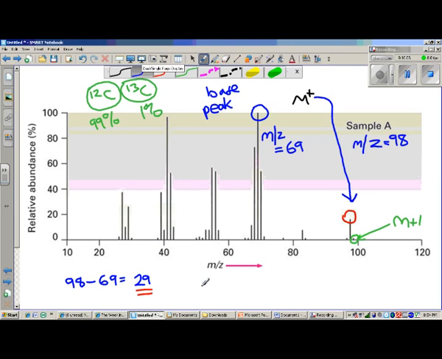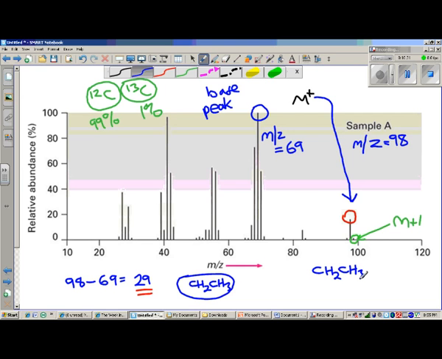Well, if carbon's 12, hydrogen is 1, then that corresponds to CH2CH3: 12, 24, 26, 29. So that means we lost an ethyl group going from here to here. In other words, there's an ethyl group somewhere in the molecule.